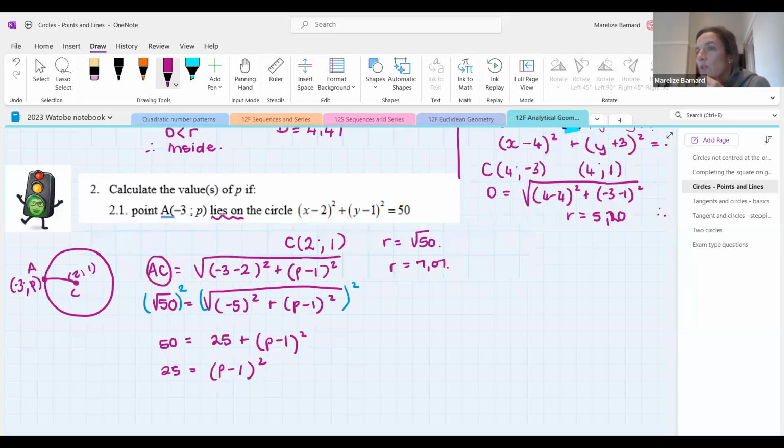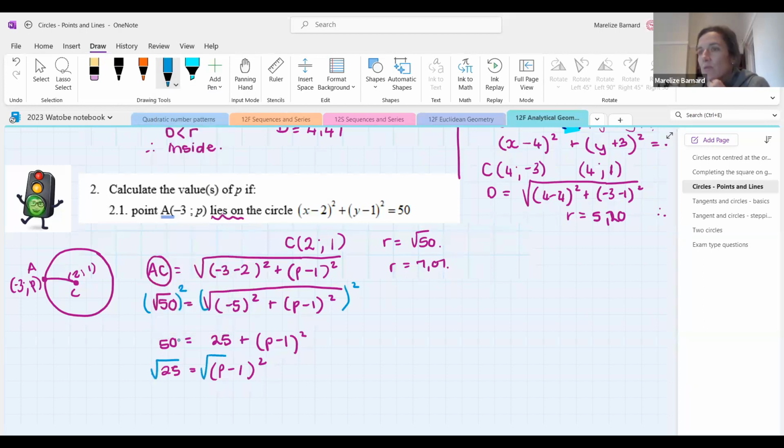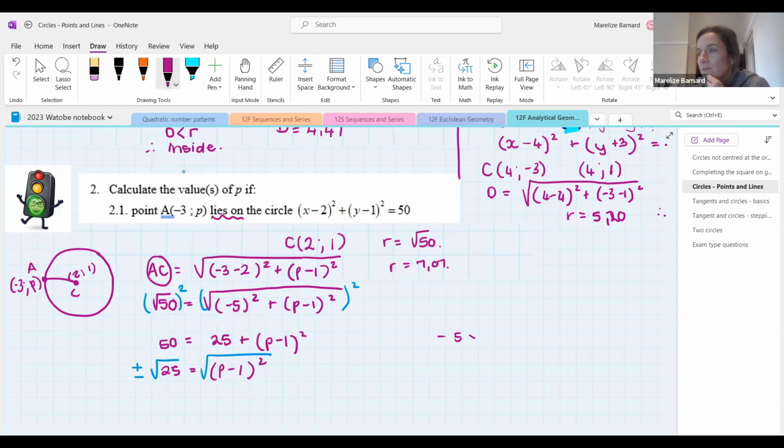Now we can multiply this out, or we can just be efficient and take another square root. But when I take a square root, remember that it can be positive or negative, because -5 times -5 is 25, or 5 times 5 is 25.